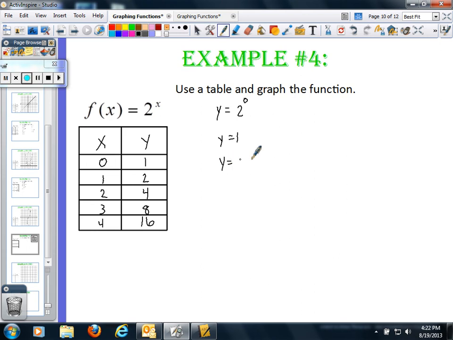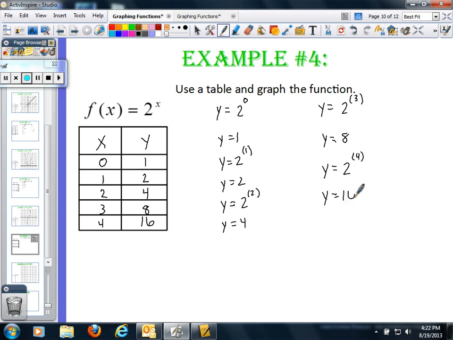And then y equals 2 to the first, which is 2. Y equals 2 to the second, which is 4. Y equals 2 to the third, and that's 8. And y equals 2 to the fourth, and that is 16.